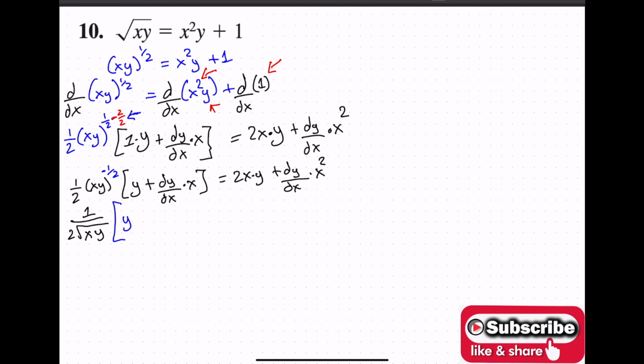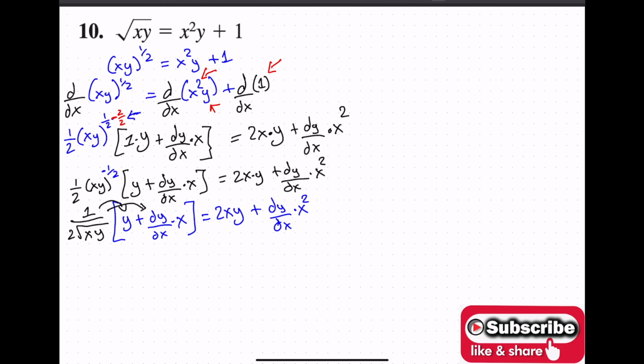We have y plus dy/dx times x equal to 2xy plus dy/dx times x squared. Now let's distribute this right here.